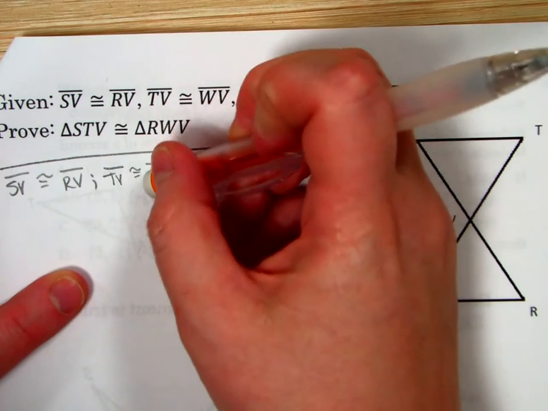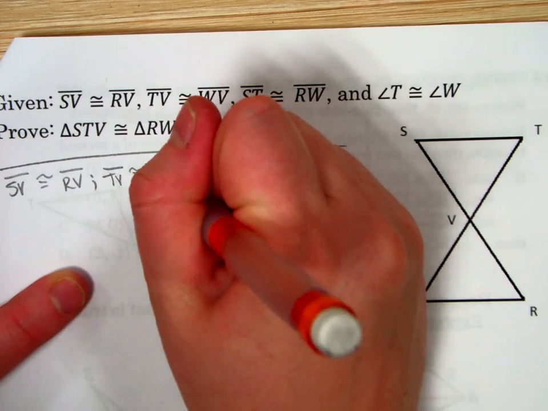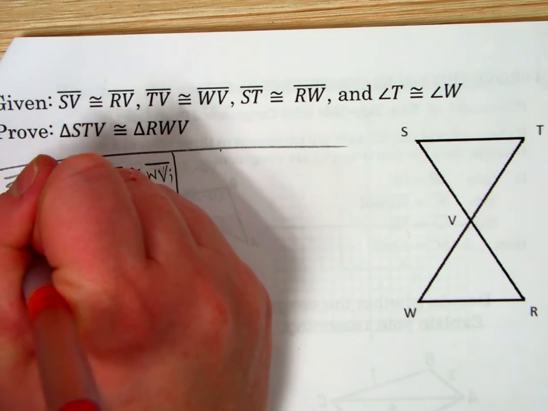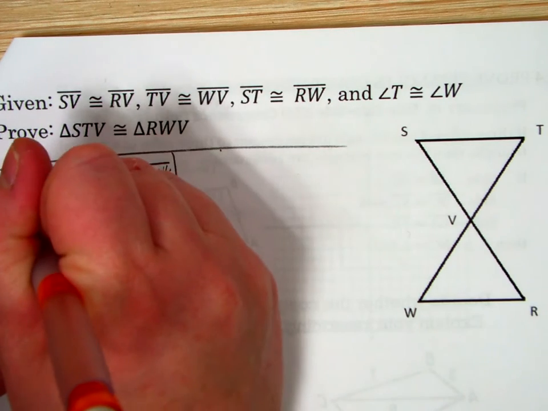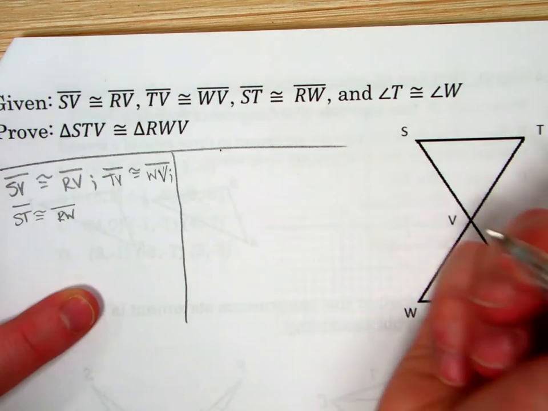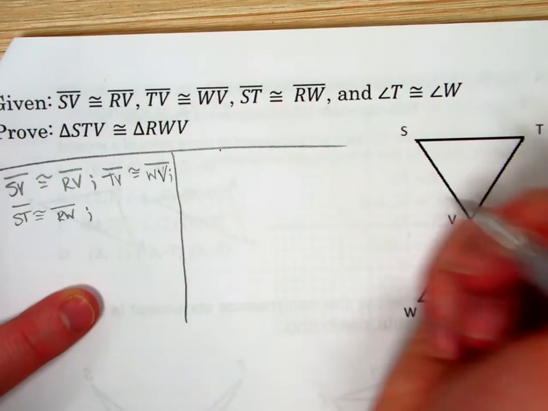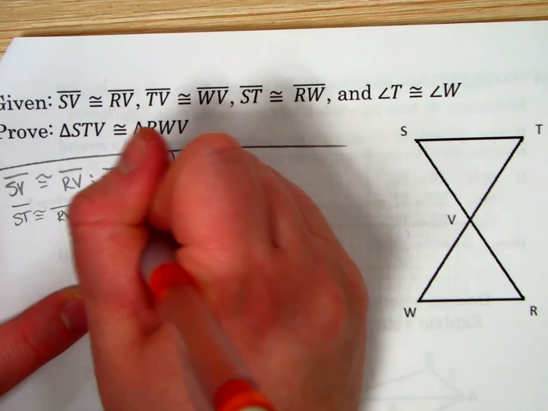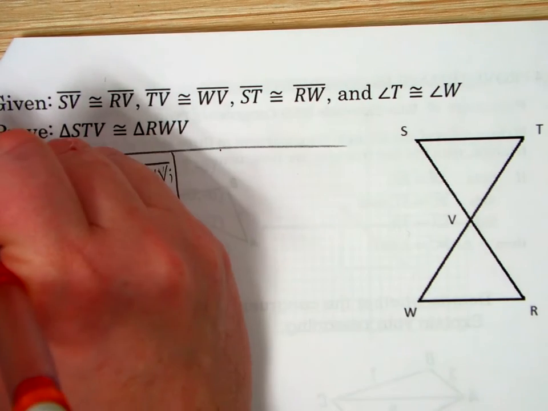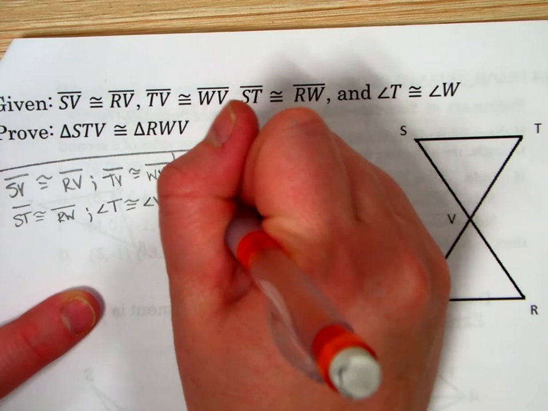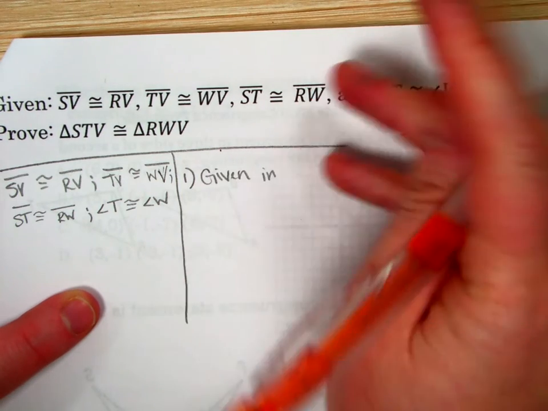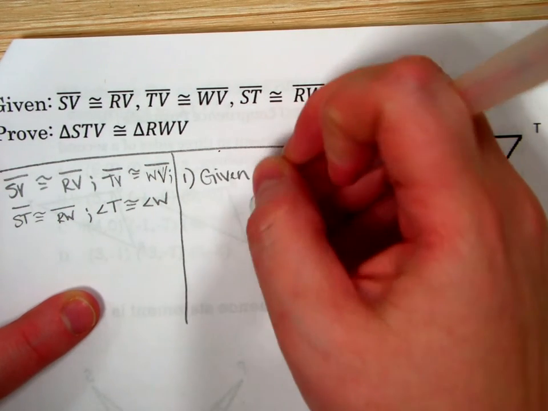Oops, V, not Y. I have segment ST is congruent to segment RW. And I have angle T is congruent to angle W. That is my given information.